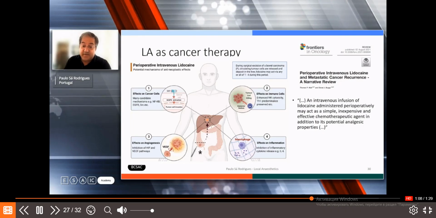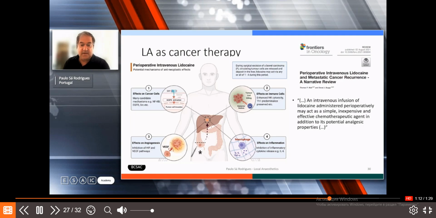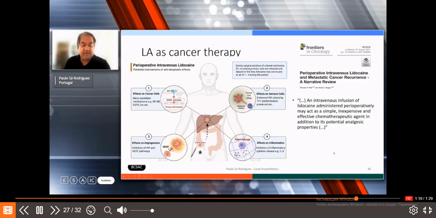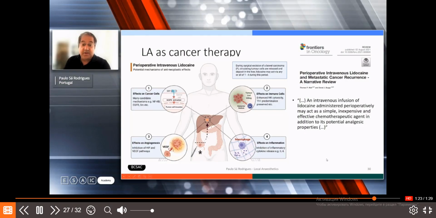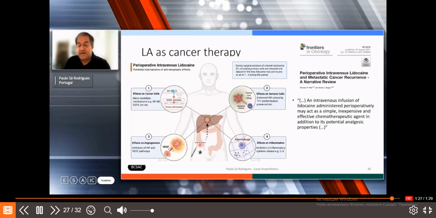There are papers recently published that do not suggest any benefit in certain types of cancers like pancreatic cancer. But on the contrary, there are others that do suggest that these effects are relevant.